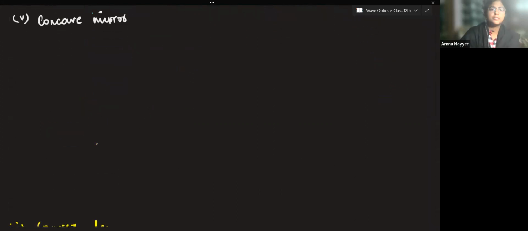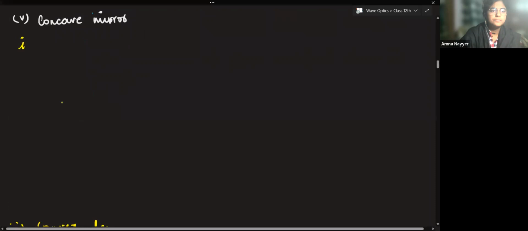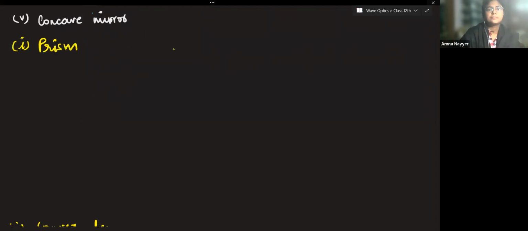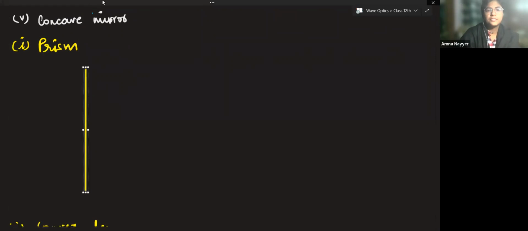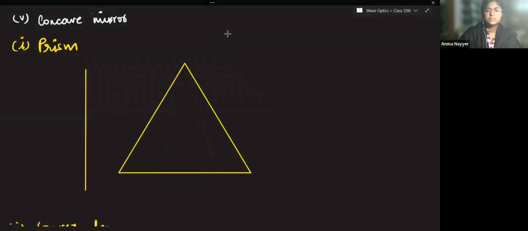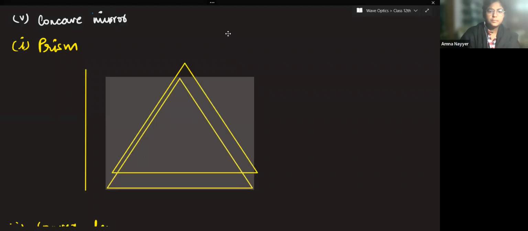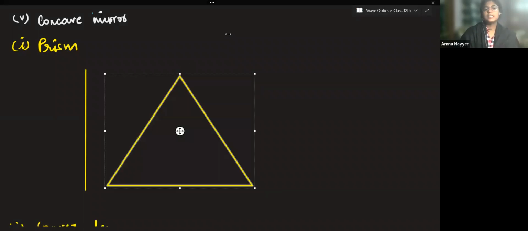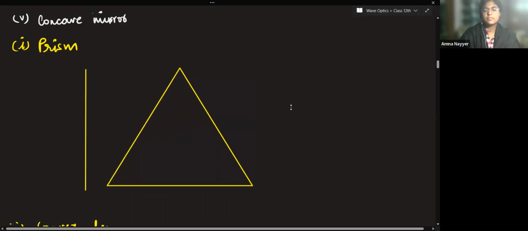See, for prism. This is the incident wavefront, that is the plane wavefront. This is the prism.